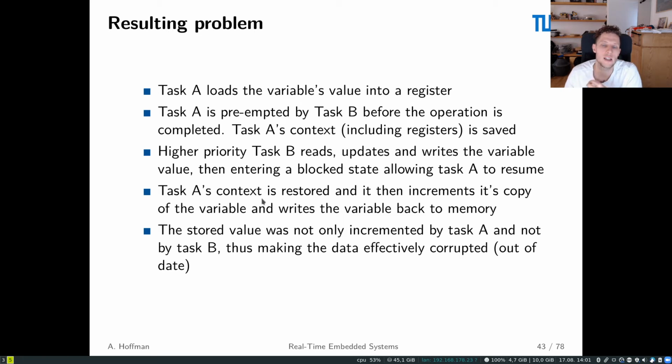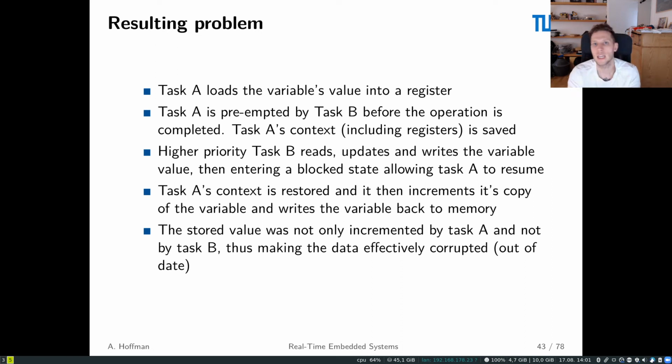So then task A is going to increment the value it had already saved into its registers and write this back into memory. Now, for instance, if we have these two tasks doing an increment, with an initial value of 1, we want to get to a value of 3. But task A is going to take the value of 1 into its registers. It'll get preempted. Task B will take the value of 1 into its registers, increment it, and write the value of 2 back into memory.